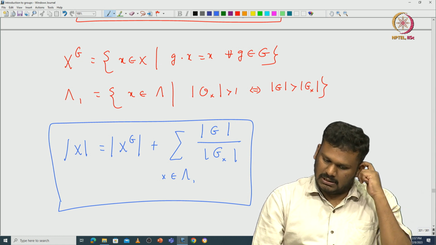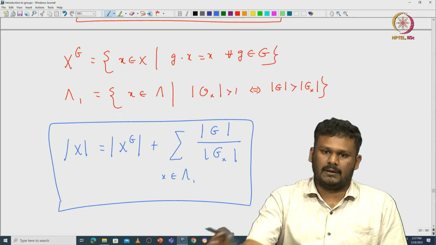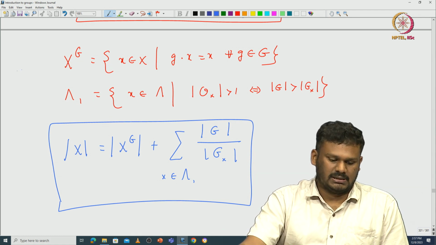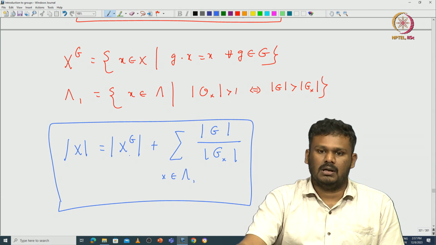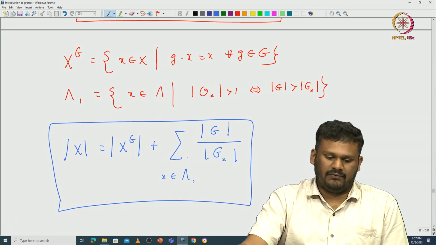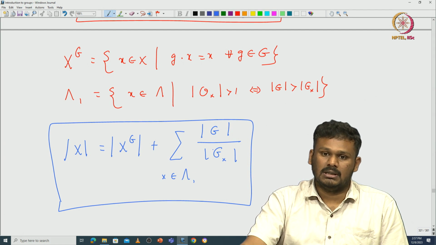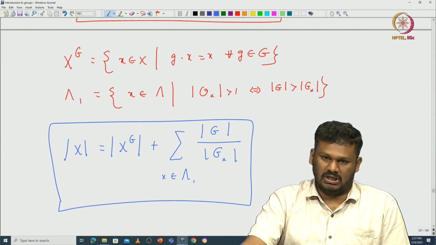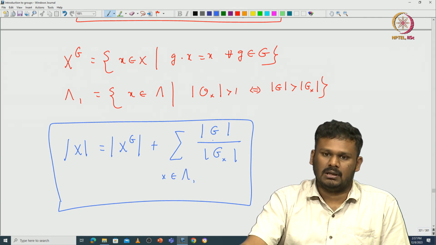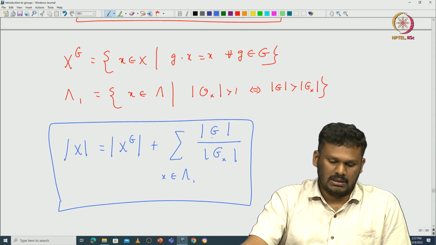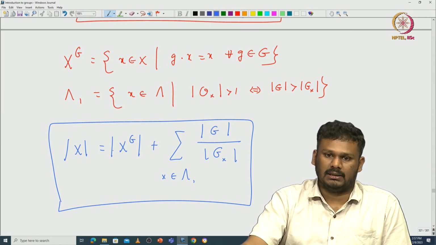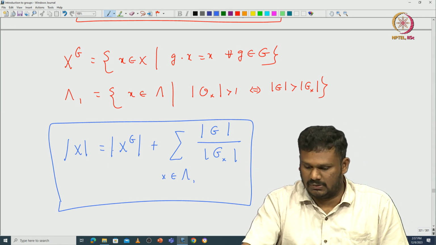So, in case we know how to find this X power G for a given group action G, and we have all the information about the group G, then using that we can actually compute the cardinality of capital X. So, that is what it says.